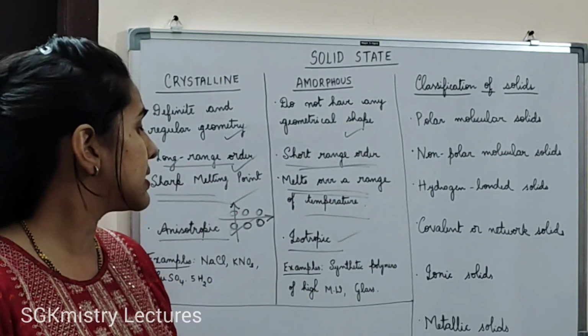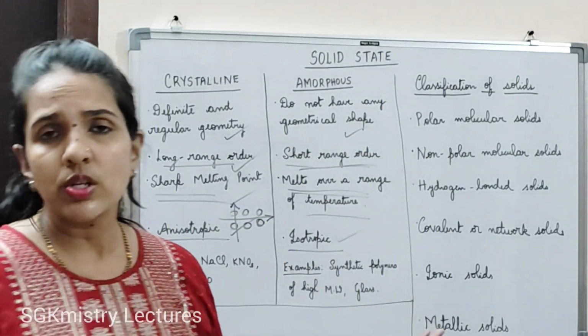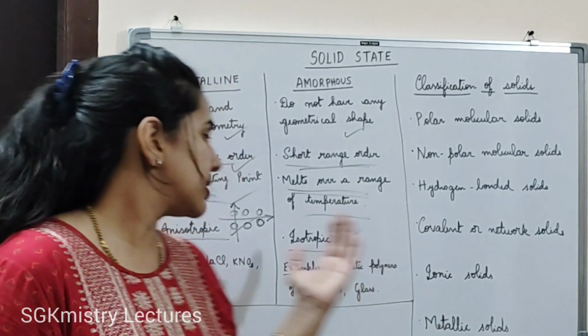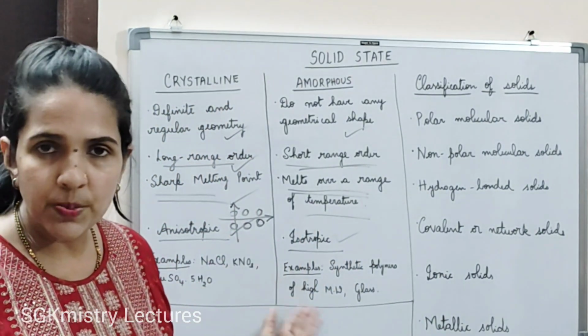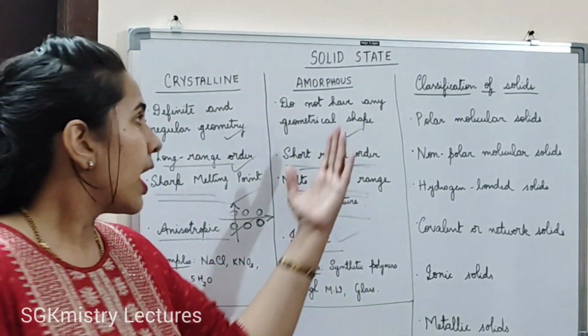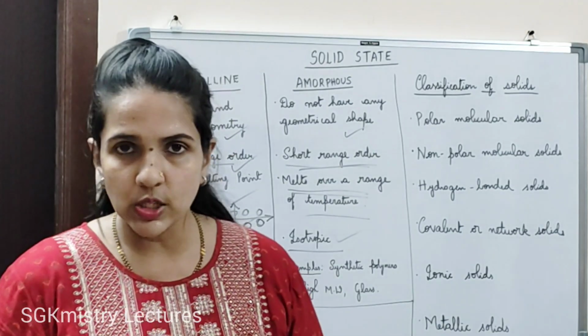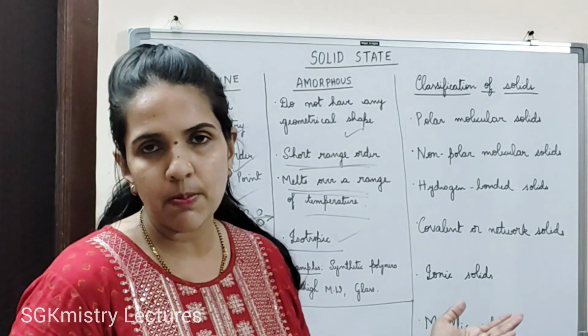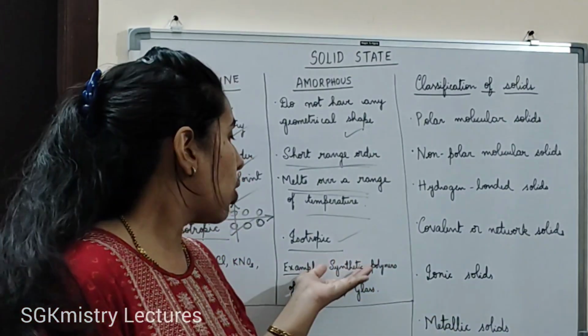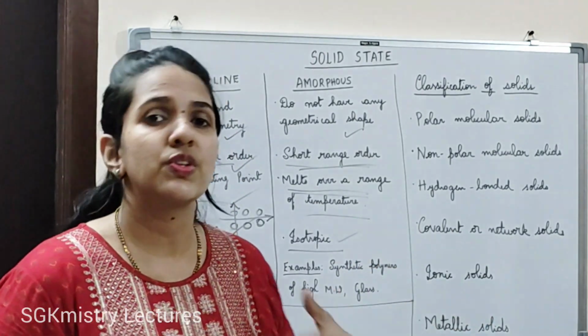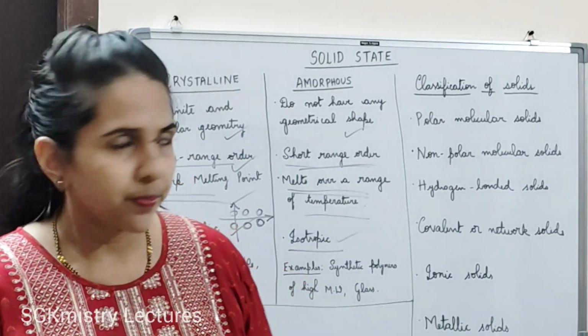Examples of crystalline solids are the most common ionic solids such as sodium chloride, potassium nitrate, and copper sulfate, whereas for amorphous solids, the simple example is glass, and also other synthetic polymers which have high molecular weight.